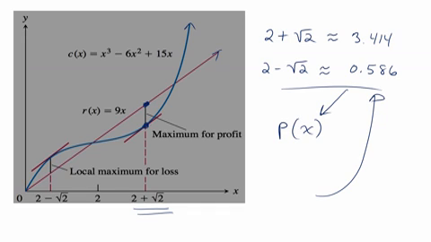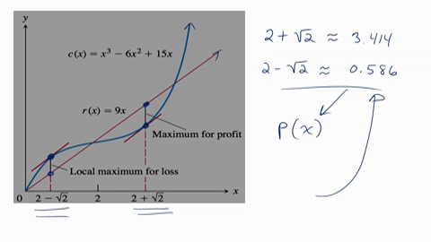So in that case, you would have a profit. So 2 plus root 2 maximizes profit. Versus 2 minus the square root of 2, here at this x value, we can clearly see that cost is greater than revenue. So there would be a loss. So the value of x that maximizes profit would be 2 plus the square root of 2.